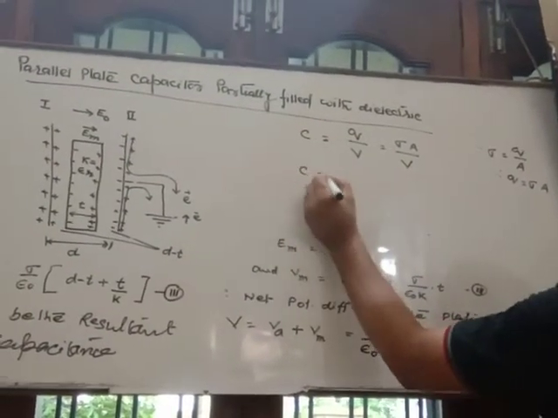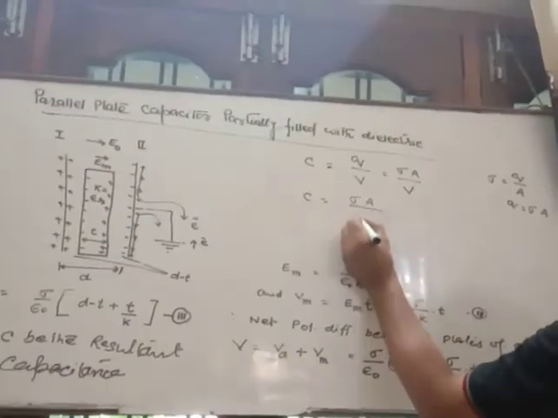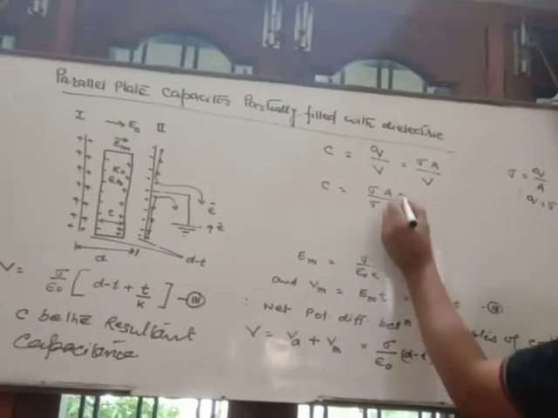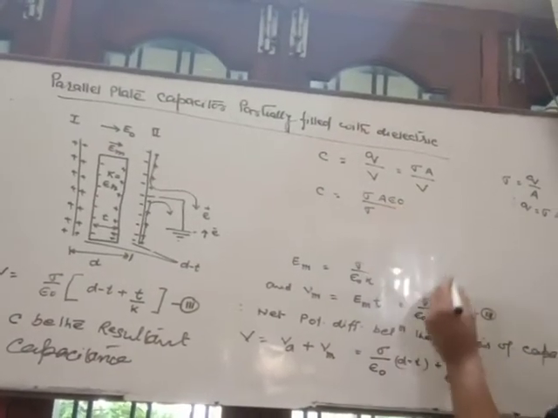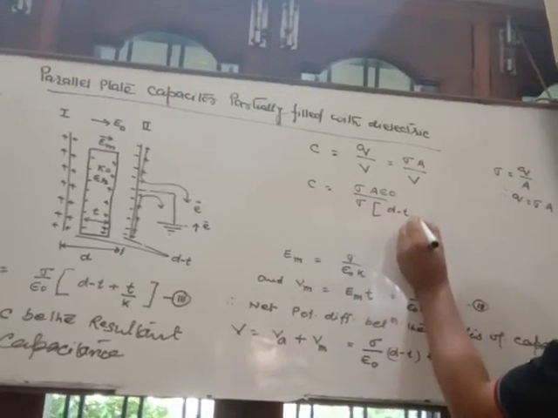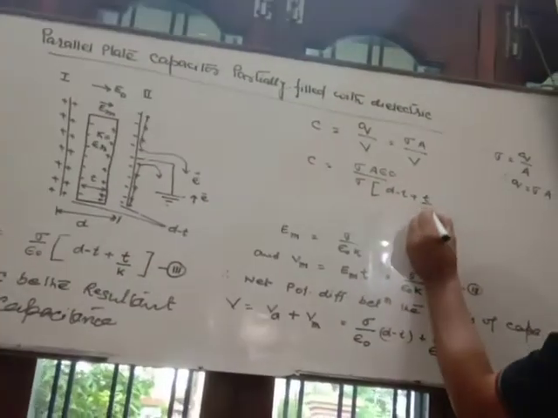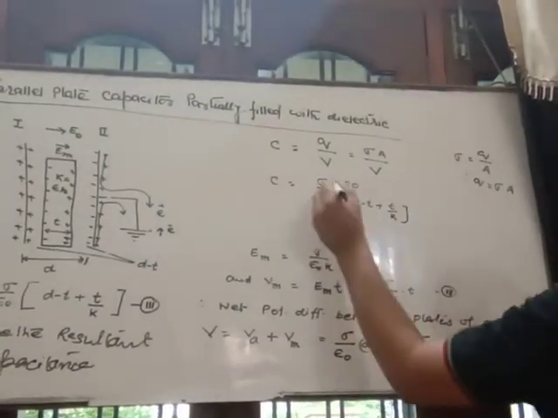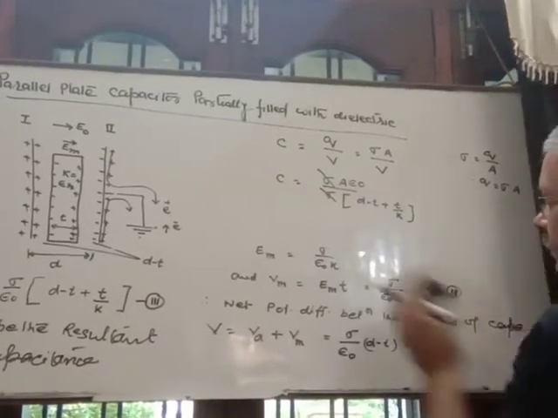So C is equal to sigma A upon V, that is sigma A divided by sigma by epsilon 0 into (D minus T plus T by K). Sigma and sigma get cancelled.